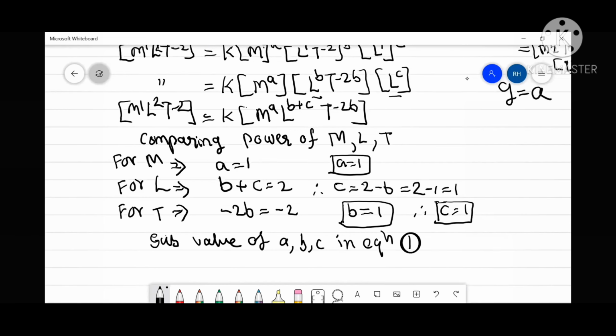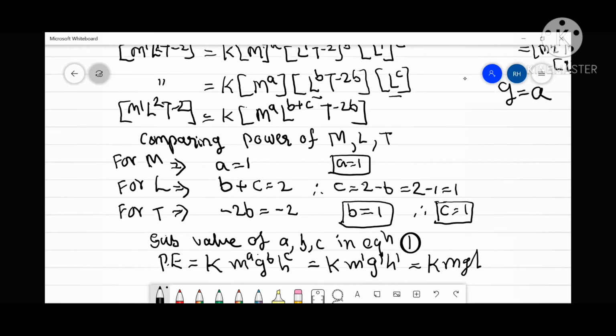Equation 1 says potential energy is equal to k into m raised to a, g raised to b, h raised to c. Substituting m raised to 1, g raised to 1, h raised to 1, that is k into m g h. Okay, that is ready.